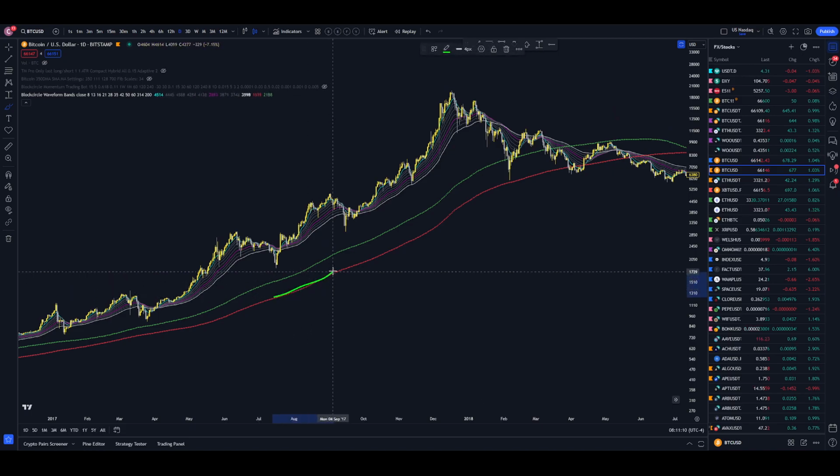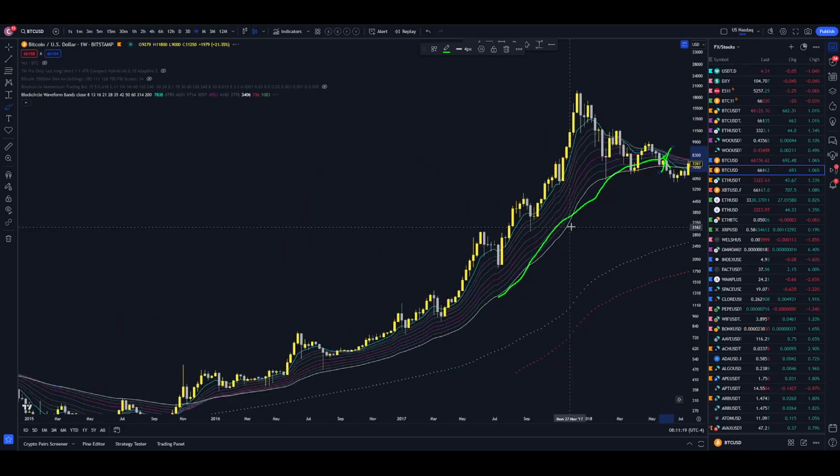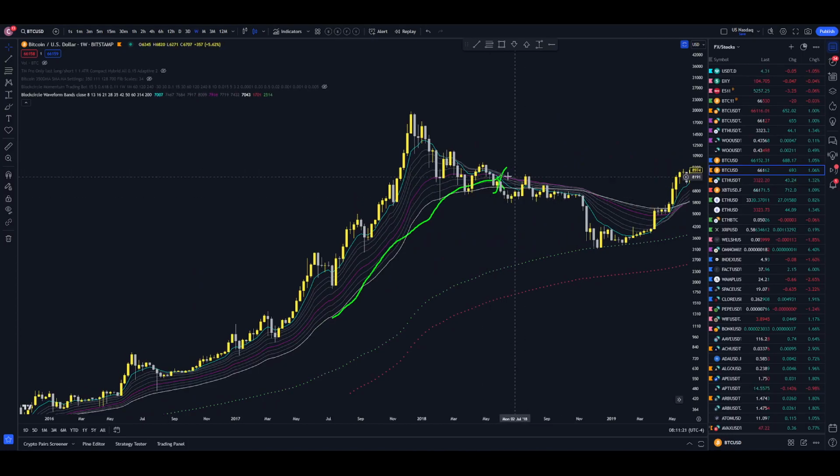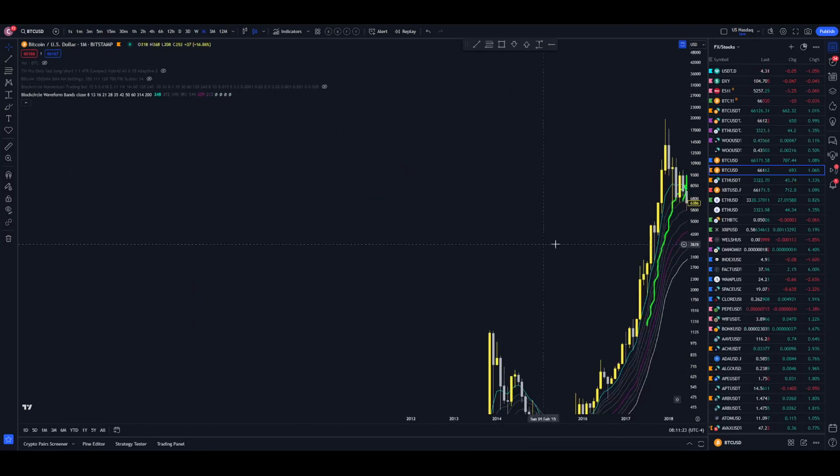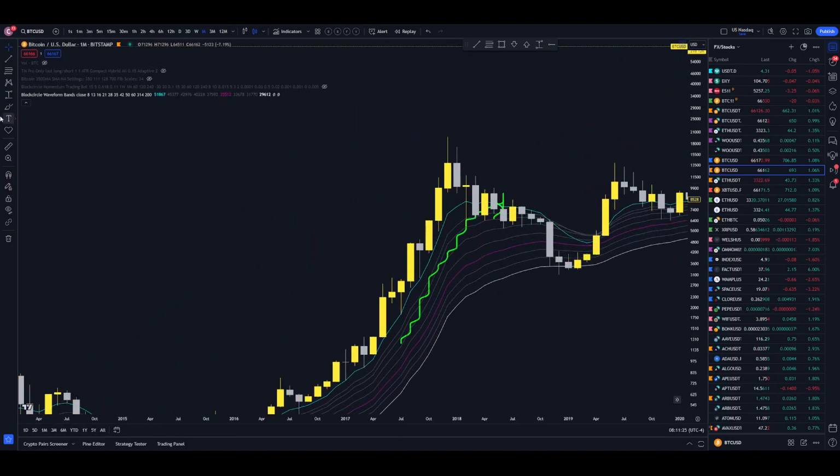So when we've lost pi and the 200, like over here, that is a time to be extremely cautious on the higher time frame, right? If we go to the weekly, we can see that happens the same time we lose the bands and the same time that we're losing the 8 EMA on the monthly, right? And that's going to be a very strong signal that there's probably more downside to come.